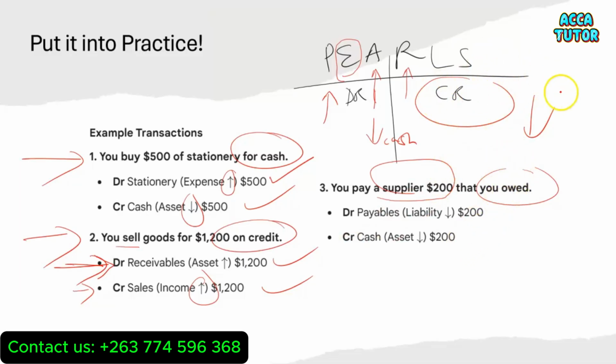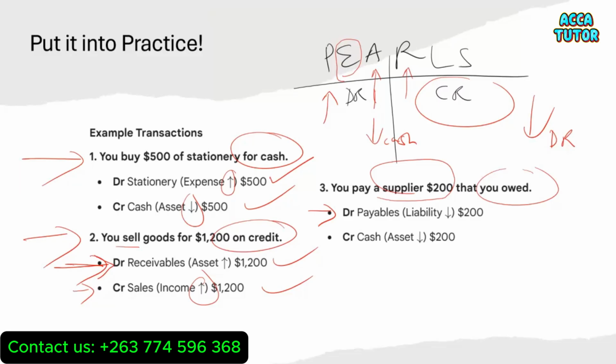And if the liabilities are going down, if these guys on this side of the balance sheet are going down, it means that we have to debit them. So this is why we are debiting liabilities. But this type of liability is a payable. Remember, there are various types of liabilities. This type of liability is a payable. What are payables? These are credit supplier accounts.